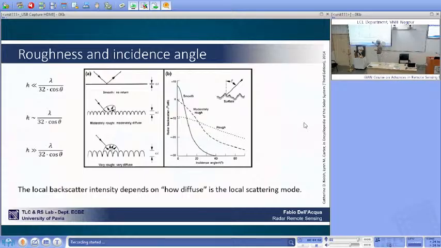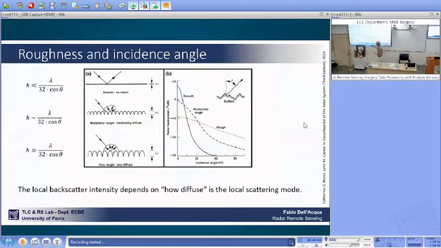If you have a basically smooth surface, like the river in the image that we saw, it's very smooth. It's mirror reflected. So if the antenna is located here, it won't see any backscatter because all the energy is going in the opposite direction. You won't get any or almost any backscatter, so you will see a dark surface in the image that we will derive from the data set.